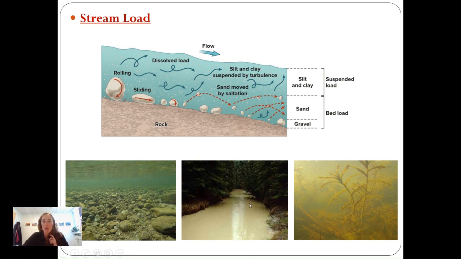So it's going to look muddy like this image in the middle or murky like this image on the right side here. Lastly, you have dissolved load. Dissolved load is usually considered what we call salt. So it's things like sodium and chloride dissolved in water, so you can't actually see it, but it's also another contribution to stream load. So stream load is the combination of all 3 of those: bed load, suspended load, and dissolved load.